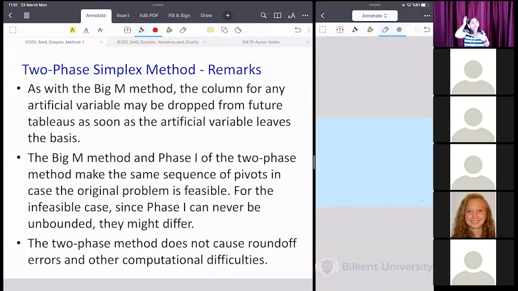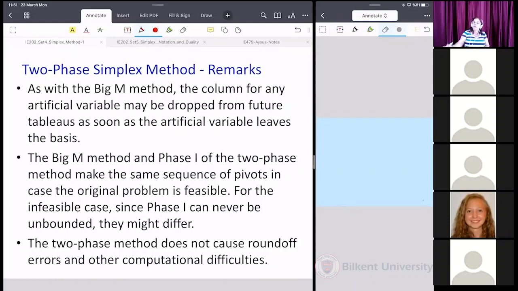The pivots we did in BigM and the pivots we performed for phase 1 are the same. Be careful: phase 1 can never be unbounded. Minimizing positive variables can never go lower than 0. So there is always a bound of 0, which is hopefully the optimum solution of phase 1, so that it will be the feasible solution for our original problem.